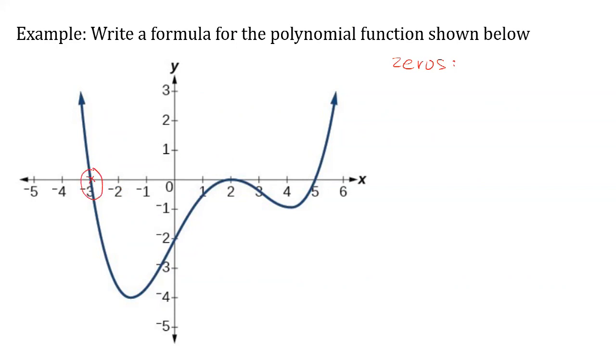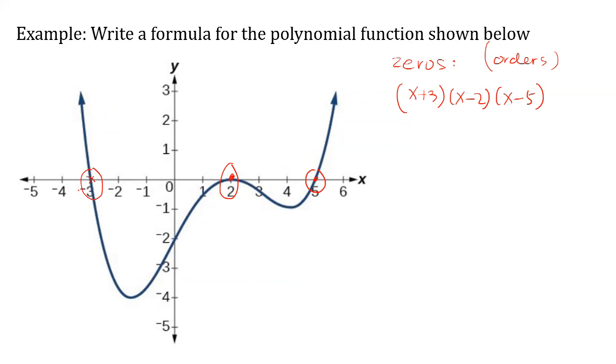So this is one of the zeros. There is another zero here and another zero here, right? That means x plus 3 and x minus 2 and x minus 5 must be factors of the polynomial function, right? Next, we need to consider their orders.